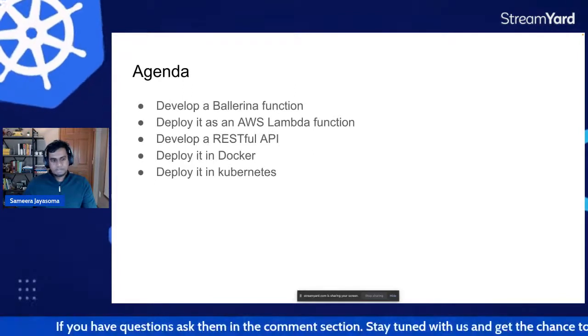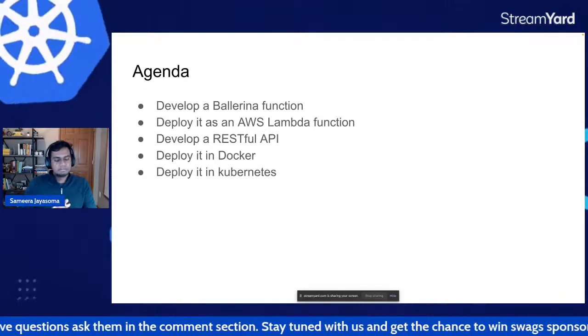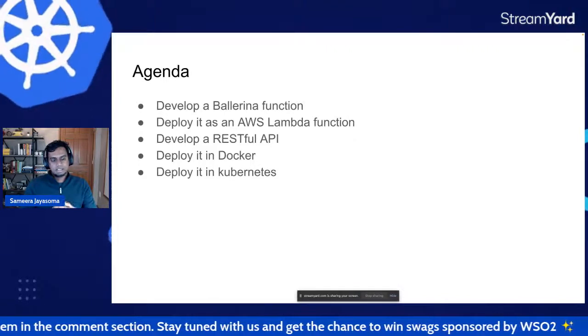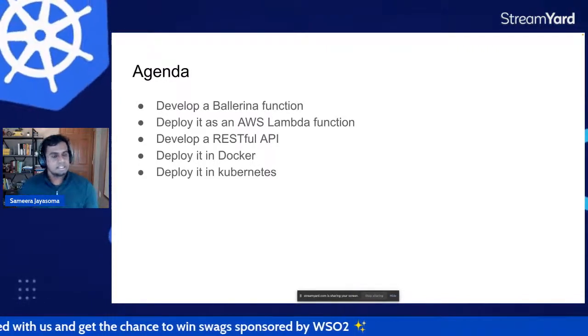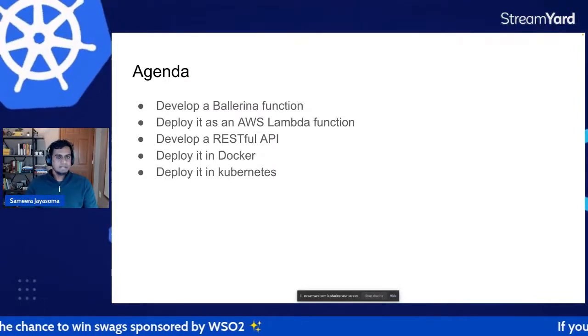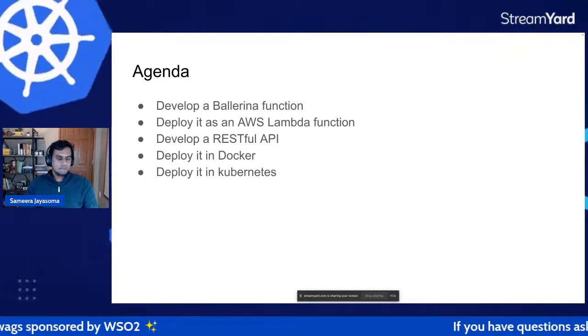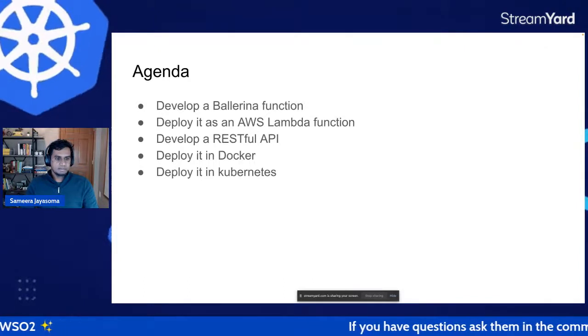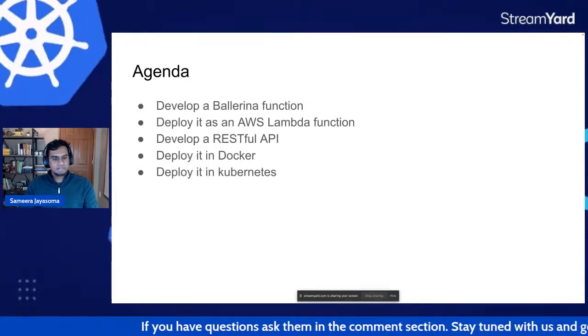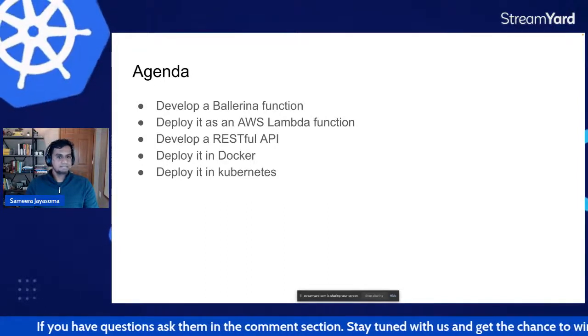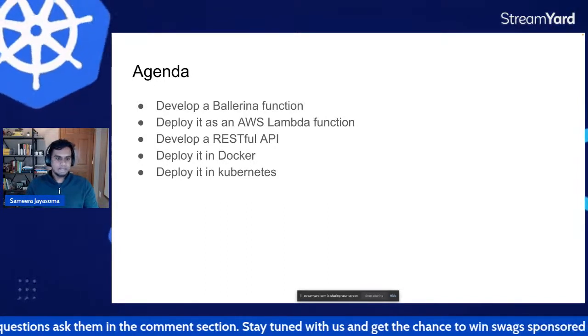I thought of giving a quick overview of the session today so that you know what's coming. First, let's develop a Ballerina function, and I'll talk about the details in the next slide. We'll be connecting to different external services and building something useful out of that.